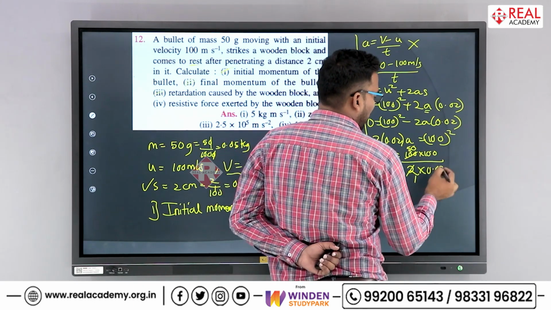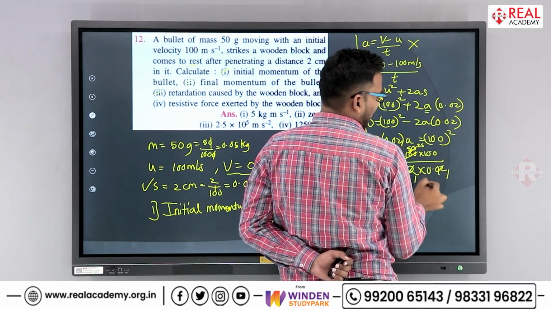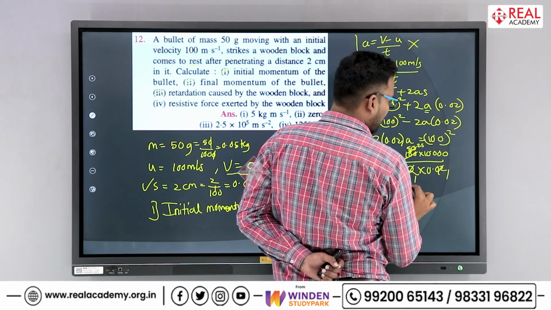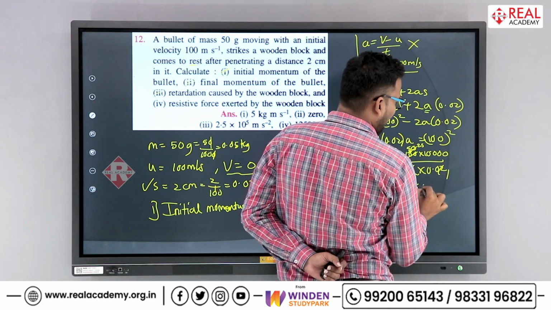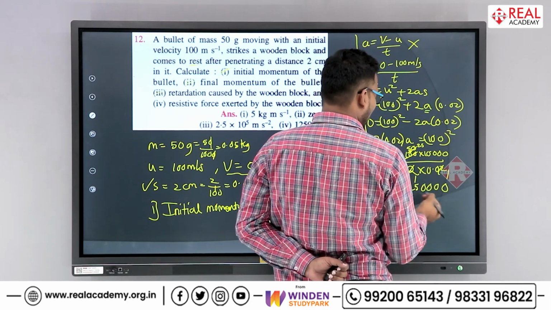Two ones are 2, 50s are. And what about this? Two ones are 2, 25s are, and these 2 zeros go like this. Then acceleration is 25, and 4 times 0, right?